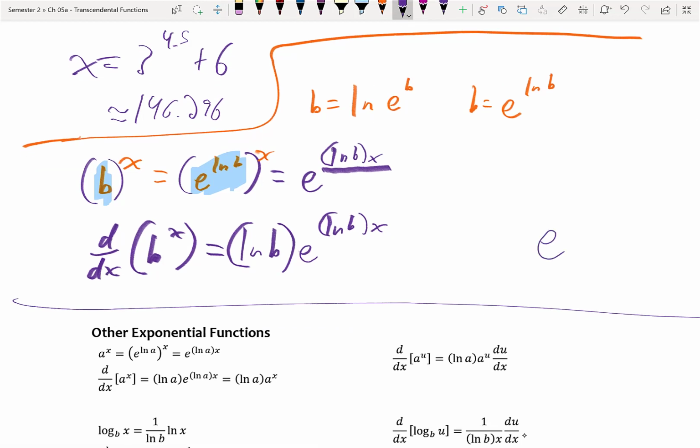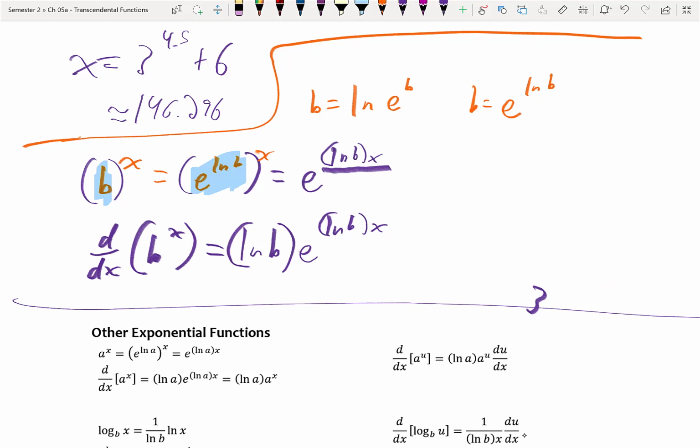When I have e to the 3x and I take its derivative, it's 3 e to the 3x. Well, the ln of b is a constant. It's not a variable. So when I take the derivative of a constant times x, the derivative is just that constant.